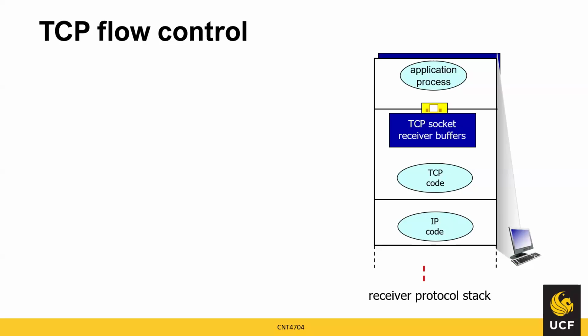So before we dive in on how TCP works in terms of flow control, you want to understand why it's needed. The diagram shows the receiver protocol stack, and we have IP at the bottom, TCP in the middle, and the application at the top. The IP layer is responsible for receiving incoming datagrams from the network and passing them up to TCP.